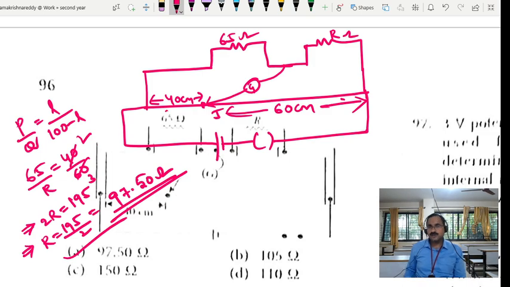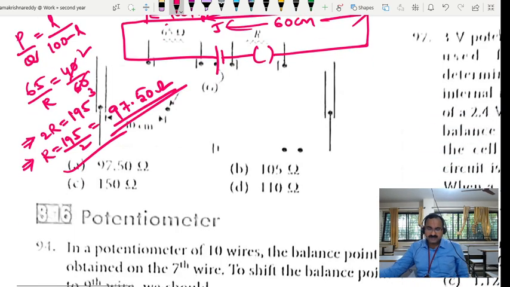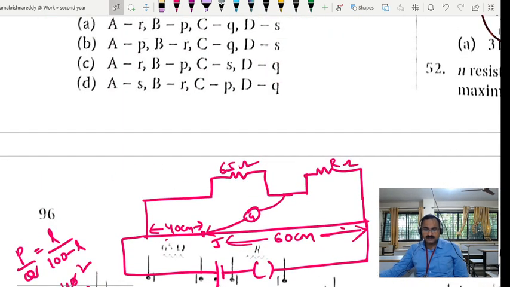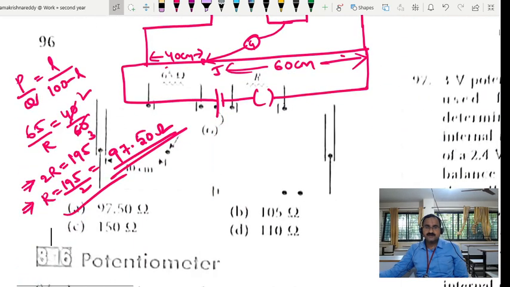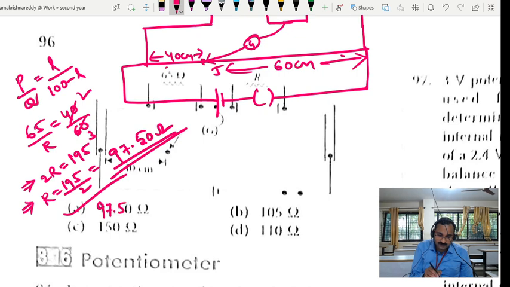The diagram I also drew because it was missing in that one. So the first option is 97.50, the second option they have given is 105, and this is 110. Clearly only one is matching according to the given options, that is the first one.